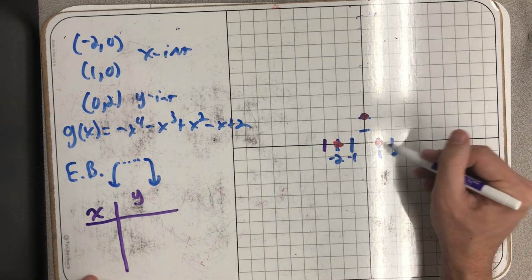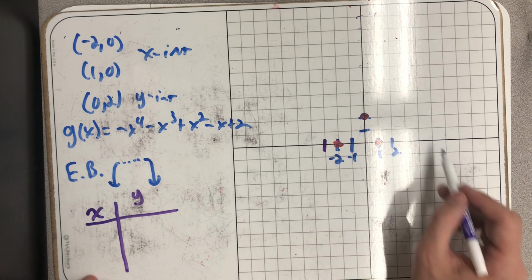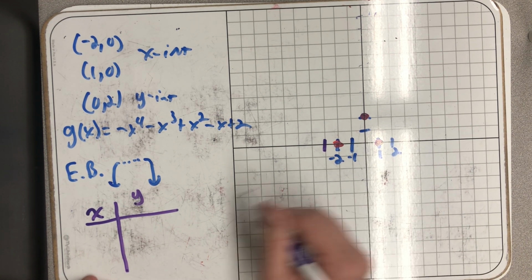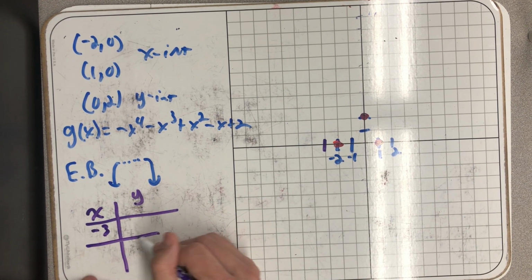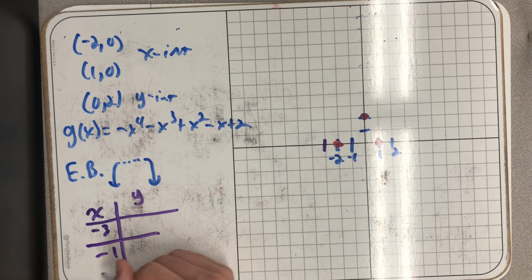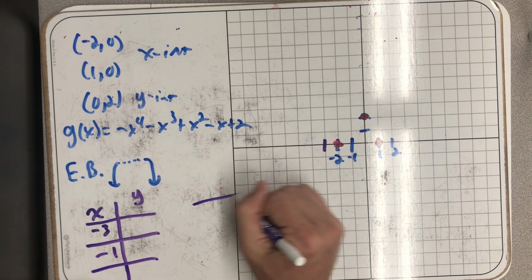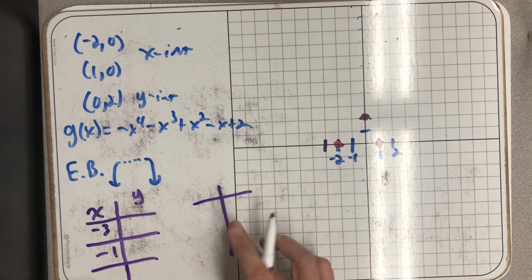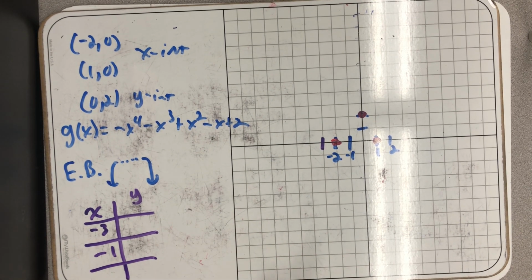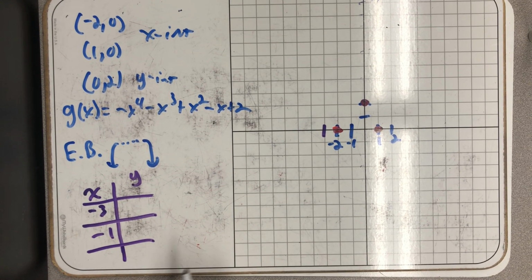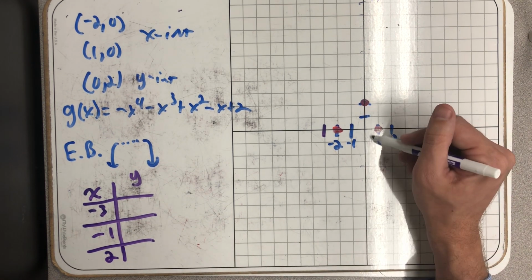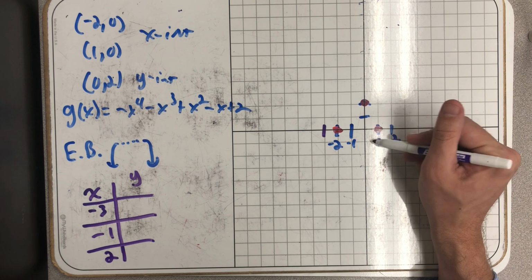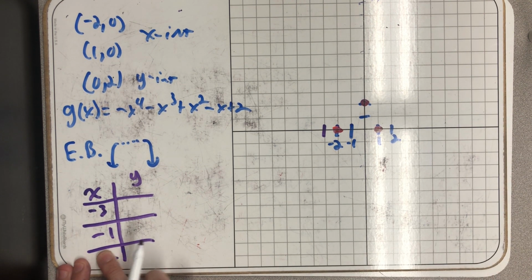So again, I'll pick one in all of the places between my x-intercepts. So minus 3, minus 1, and just one more, at 2. And maybe I want one between the x-axis and this intercept. So let's throw 1/2 in the table.